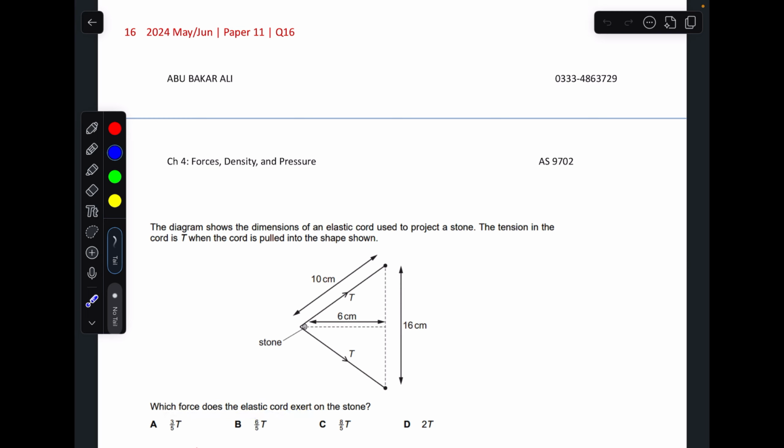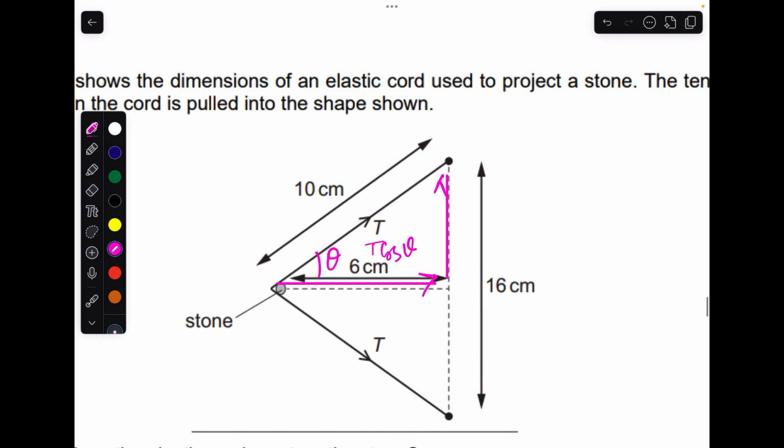There are two tensions, two forces, and you have to find the resultant of them. So we have to resolve them. This tension will have two components, one in that direction and one in this direction. If this is some angle theta, this component will be T cos theta, and this will be T sin theta.